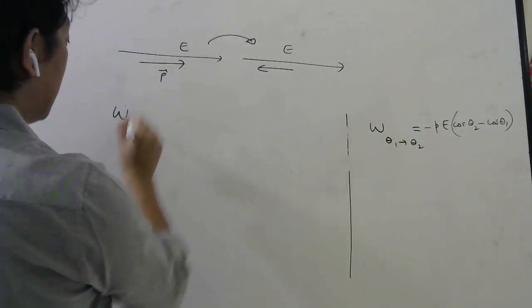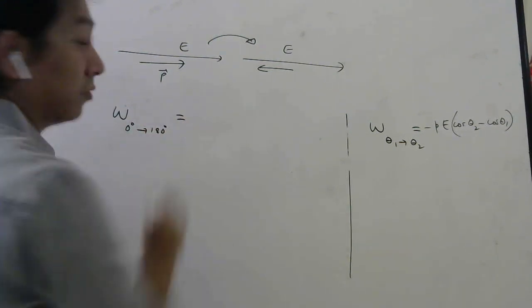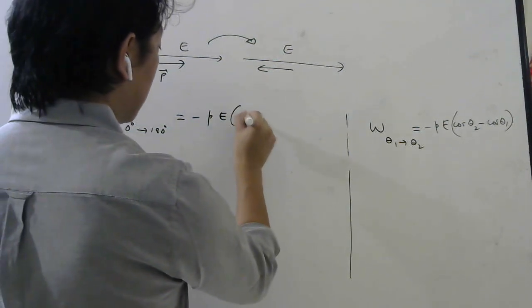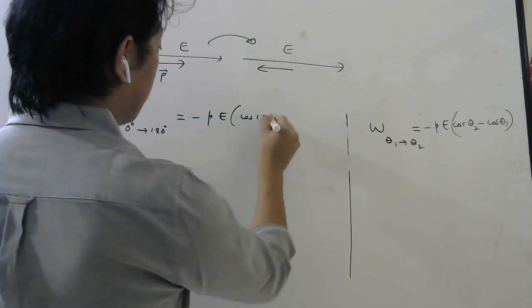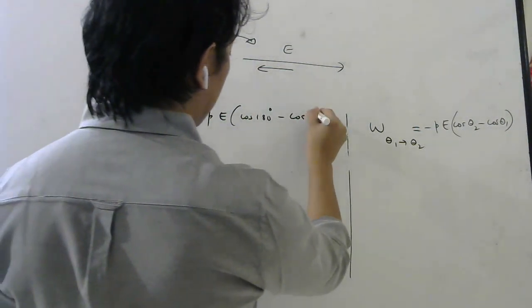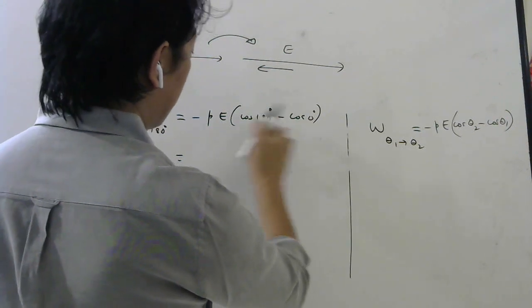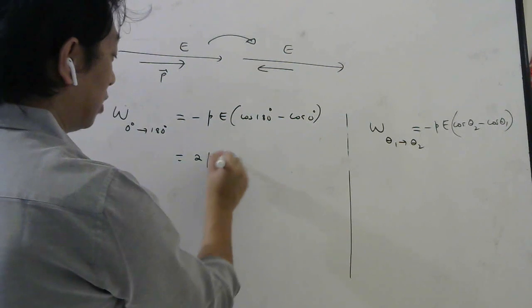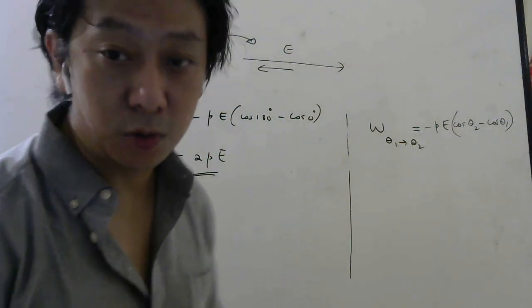So here, what is the angle? 0 degree. So from 0 degree to 180 degree, I am trying to move. So work done from this formula will be minus PE cos of theta 2, the final angle. Final angle is 180, minus cos of 0. This is minus 1, this is minus 1. So minus 1 will be minus 2, minus will be plus 2. So this will be the work done. So like this, simple questions you should be able to do.